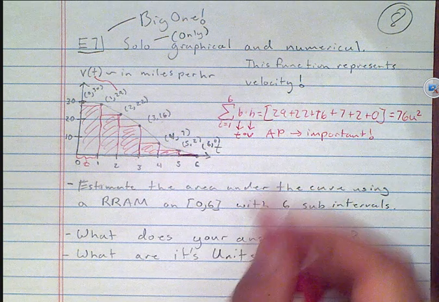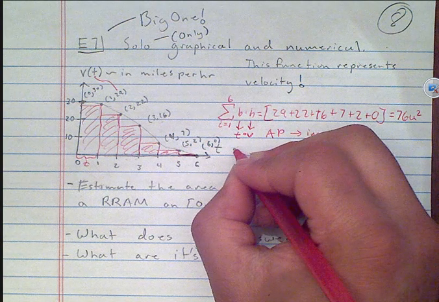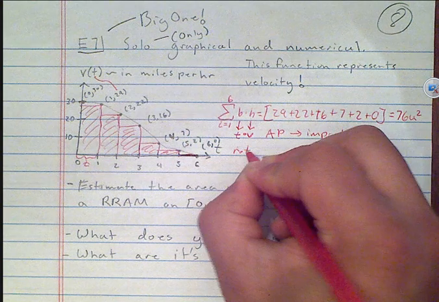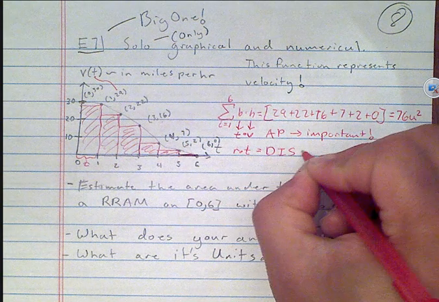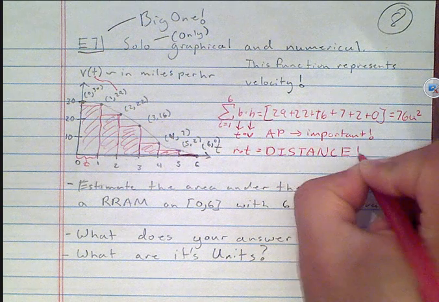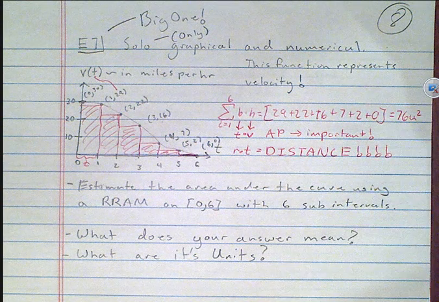And it's time times velocity, which is kind of like rate times time. What does rate times time equal? Distance. You've known that forever. But that's huge. That's the big thing you need to understand right now.